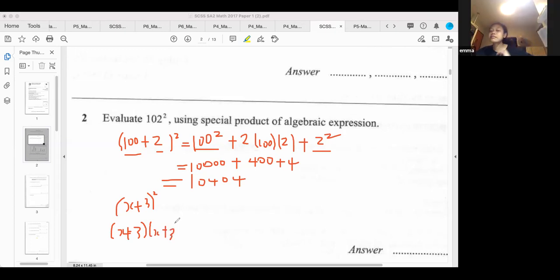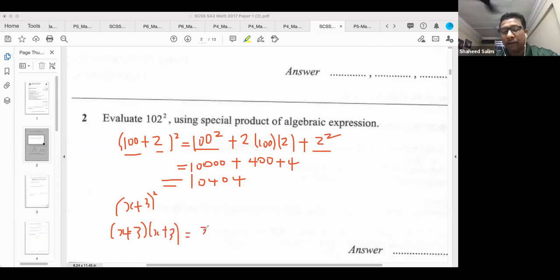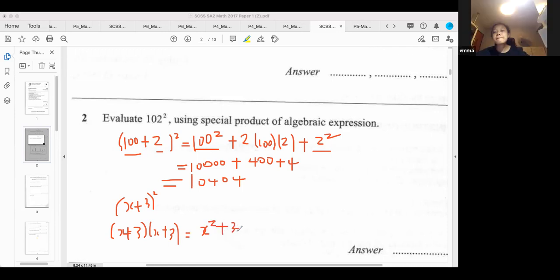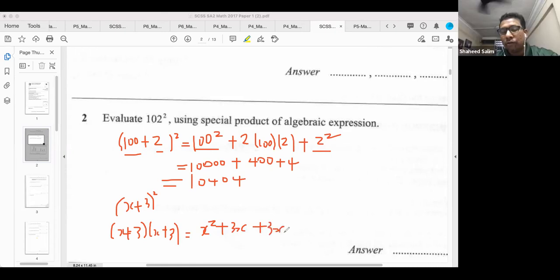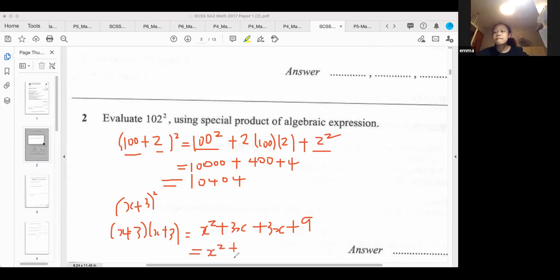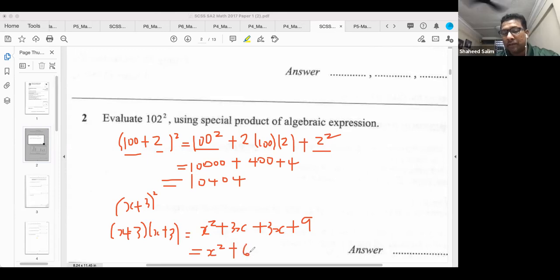You will do x times x, x square. 3 times x, 3x. Then again, 3 times x, 3x. Then the last one, 3 times 3, 9. Then you take x square plus 6x plus 9.